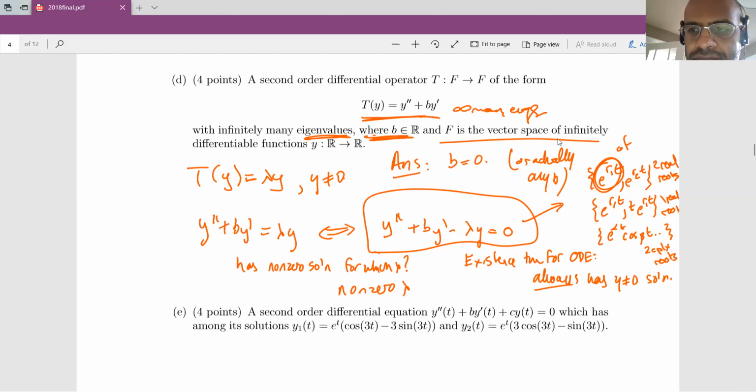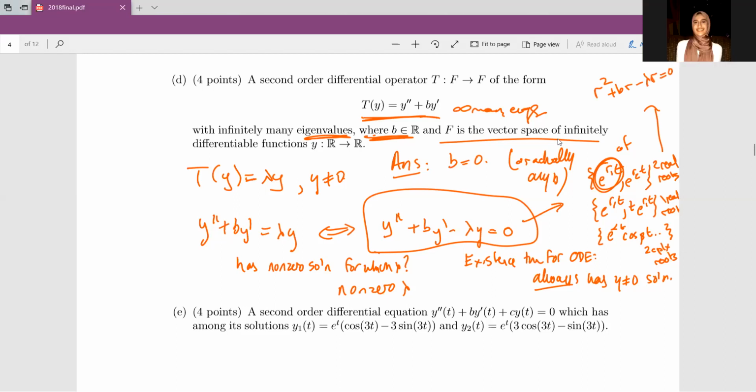Does that make sense? Can you repeat that? So these roots are the roots of this equation, r squared plus br minus lambda equals 0, right? So the nature of the solutions depends on the roots of that equation. So it is indeed the case that depending on what lambda is, you'll get different kinds of solutions.